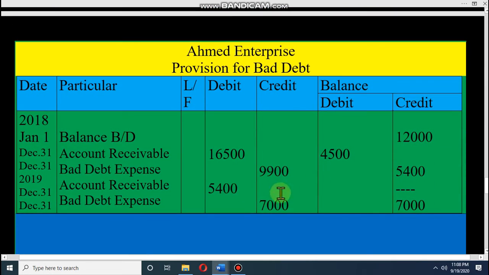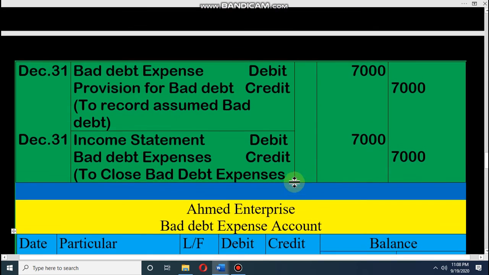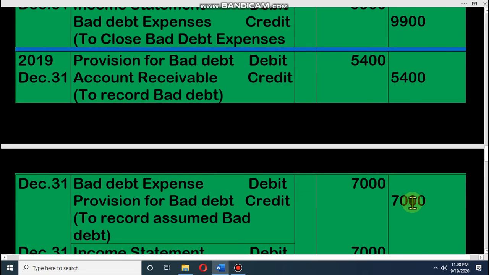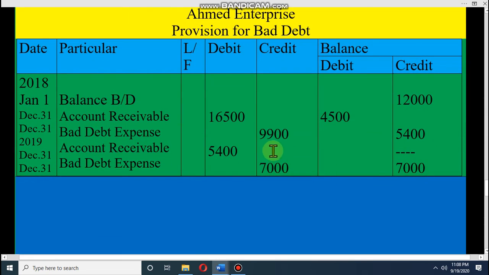Then we have to make the balance: credit 12,000 plus 9,900, debit 16,500. The difference is 4,500 on the debit side, because the debit side is greater. Then credit balance 9,900, so the difference is on the credit side, 5,400. Next year we start with this balance. Provision for bad debt debit 5,400 and provision for bad debt credit 7,000. Now balancing: 5,400 debit, credit 5,400 debit. The balance is 0 and 7,000 the balance.